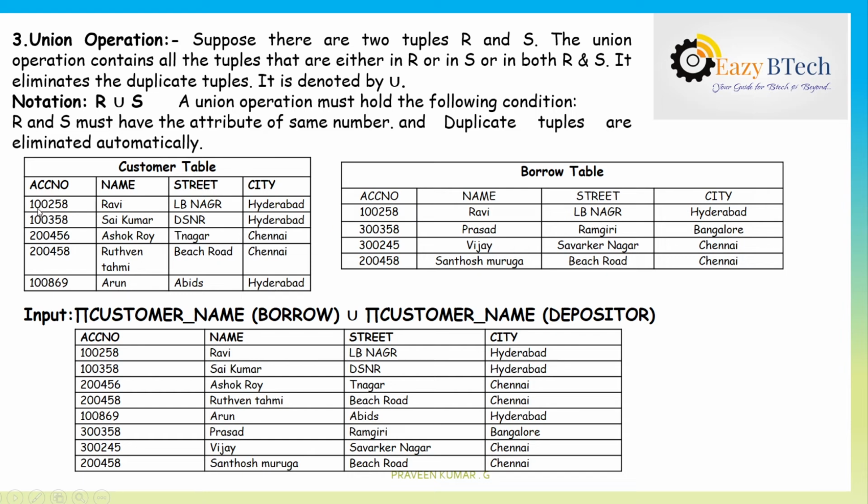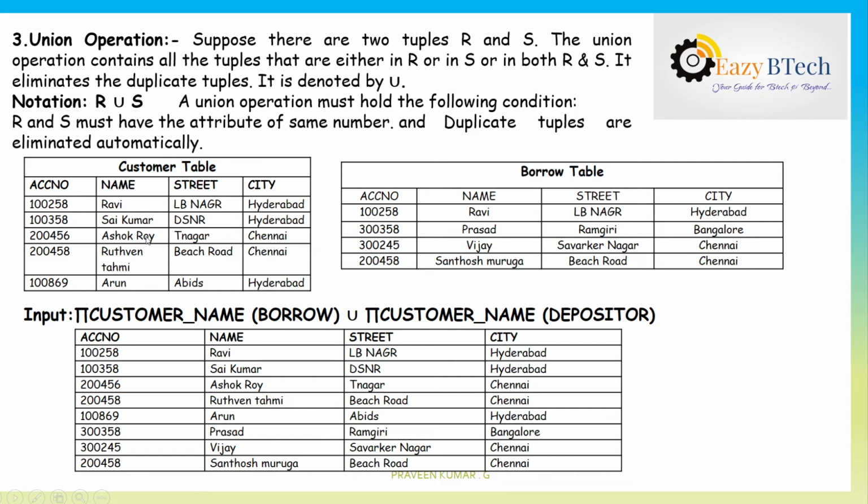Just check: Ravi is a customer as well as a borrower. We project customer name from borrow and project customer name from depositor, and then we take the union. You have to check with the customer name.